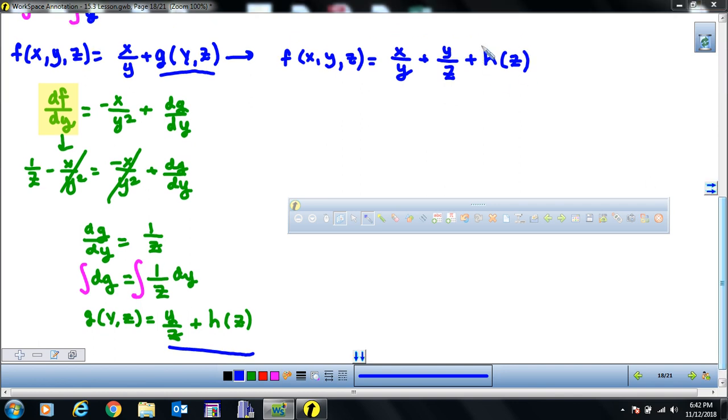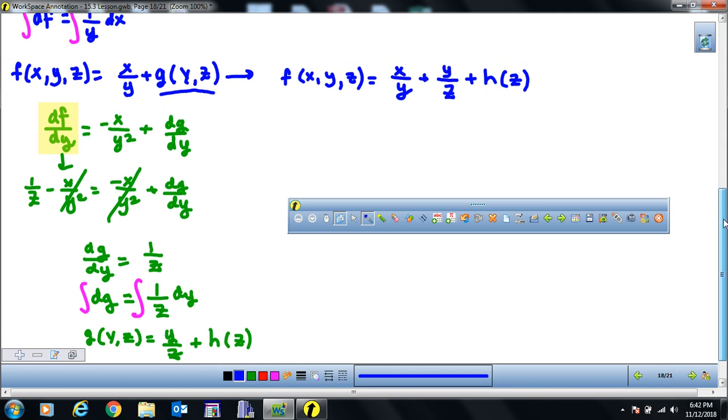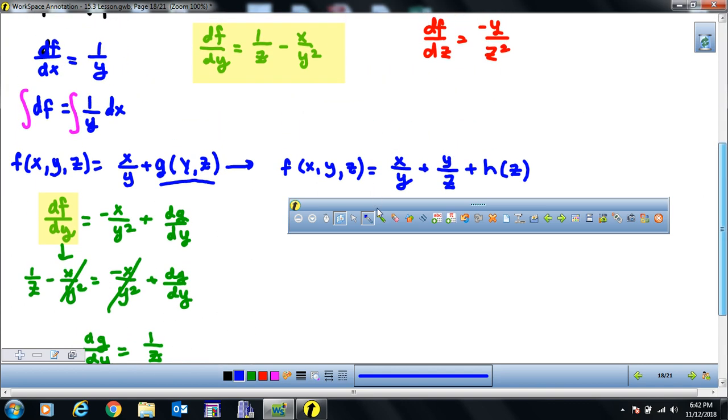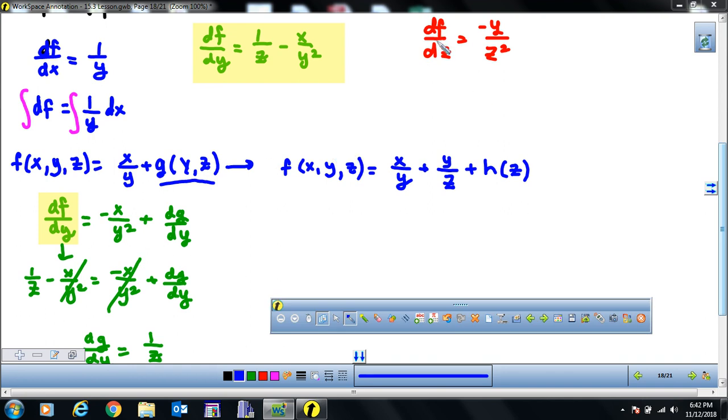How do we determine if this is a function of z or a constant? We're going to use our third and last condition. The last condition requires us to get the derivative of this potential function with respect to z.